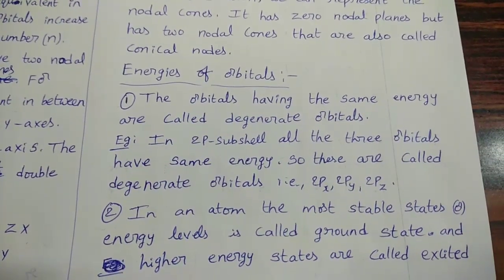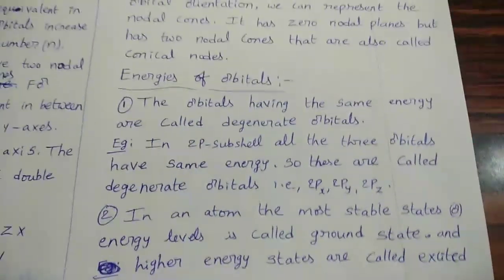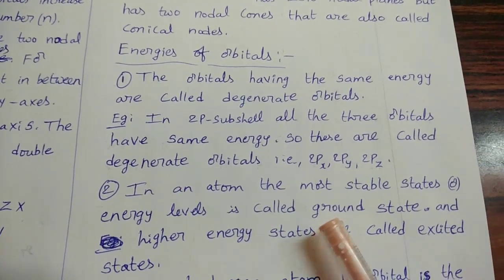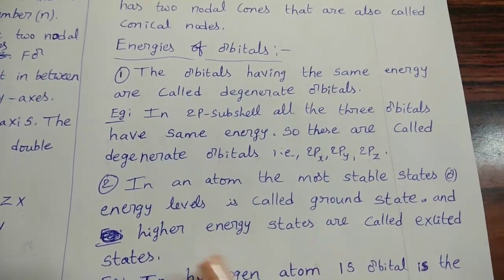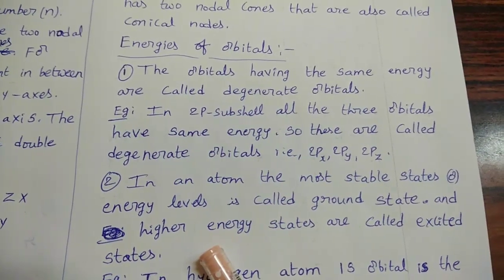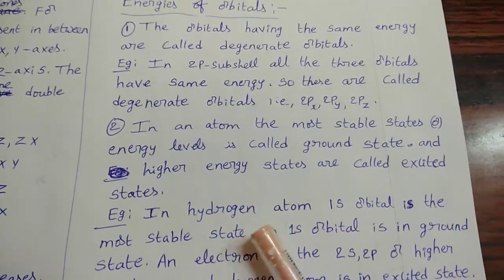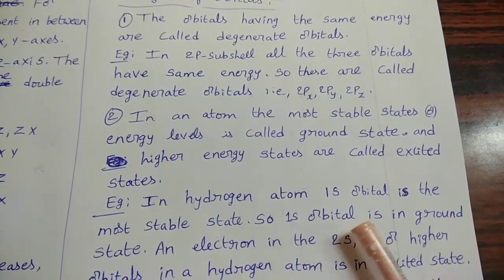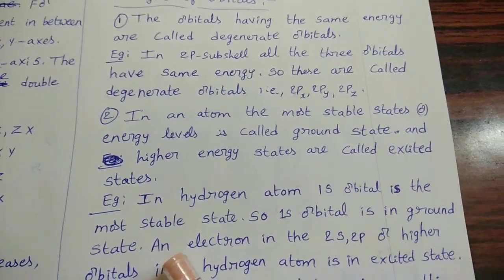Next, in an atom, the most stable state or energy level is called the ground state, and higher energy states are called excited states. Okay, see the example. In hydrogen atom, 1s orbital is the most stable state. So 1s orbital is in ground state.